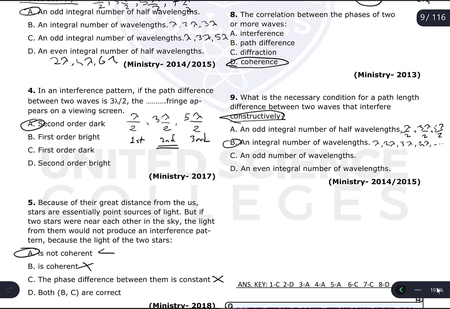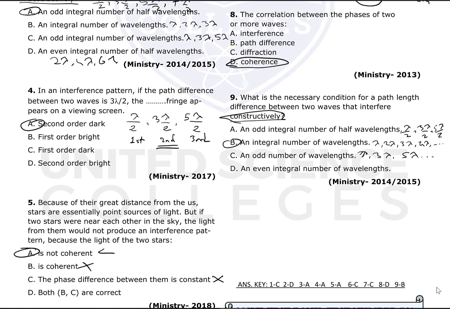This is the correct answer. C and D also apply, but are not complete. An odd number of wavelengths, lambda, 3 lambda, 5 lambda, also gives constructive interference, but not all the conditions. The first one only talks about 1, 3, 5.